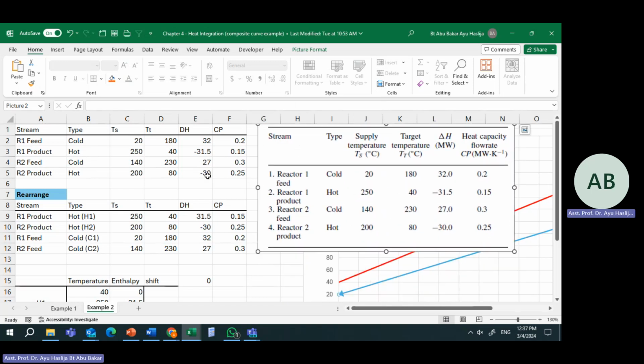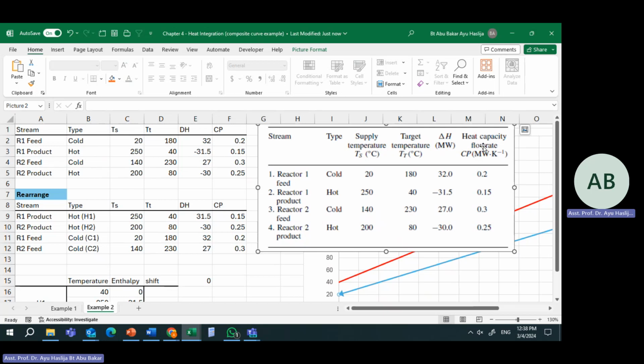Then I would suggest you rearrange it, categorize them into hot streams and cold streams so that you can see the difference in T supply and T target and also the delta H. Put up all the data, delta H and also the CP.